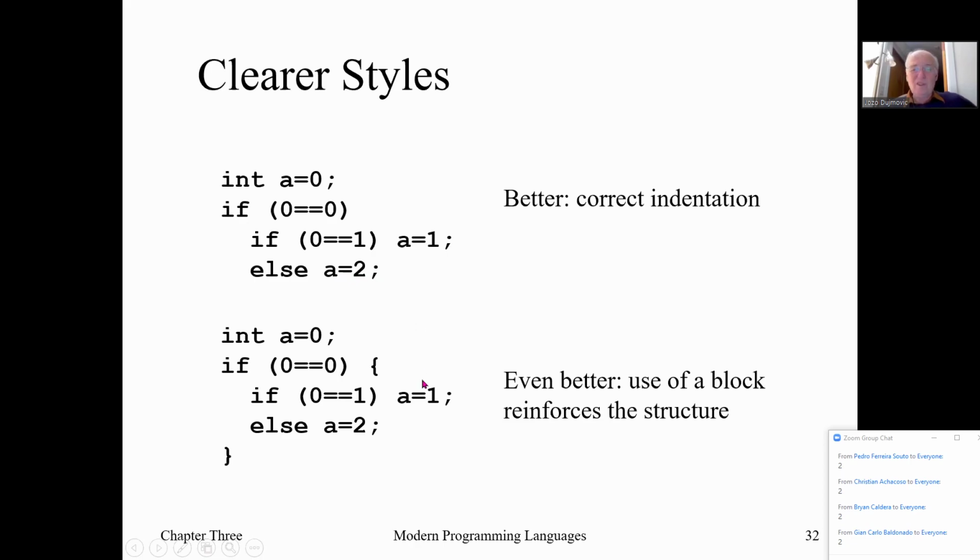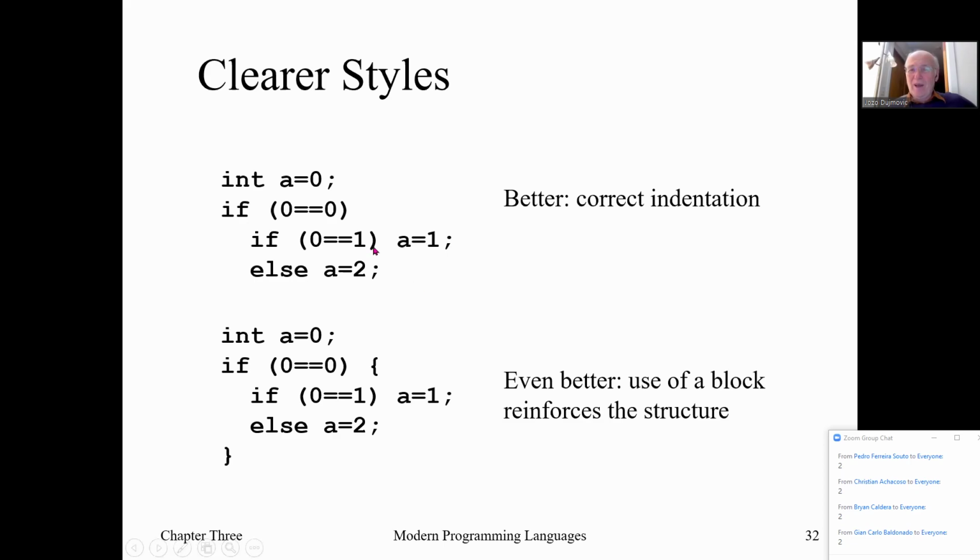But then he says, even better, use of a block reinforces the structure. So he is putting a pair of braces around a single statement, which I would say, never do something like that. Don't put braces around a single statement.